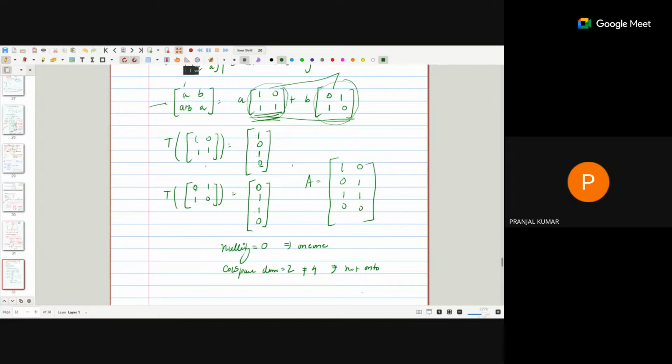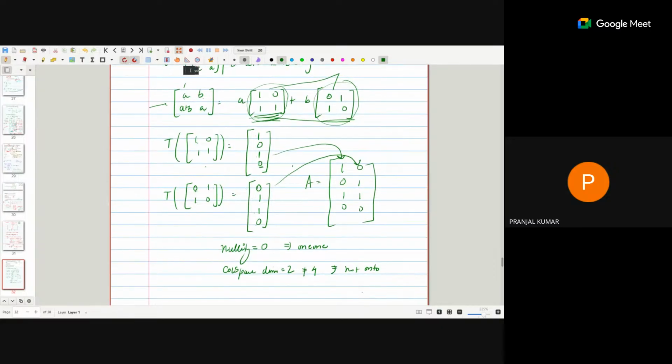So I've got this. Now I've placed them in the matrix as columns. Again, I don't need to express them as linear combinations of the standard basis vectors for R4, because you will get the same vector.